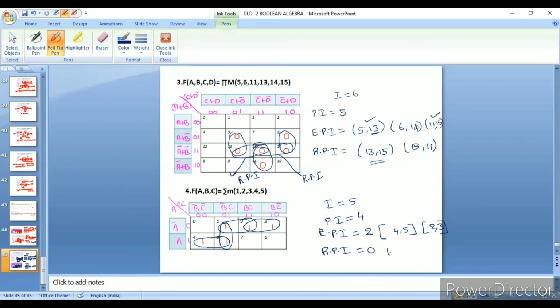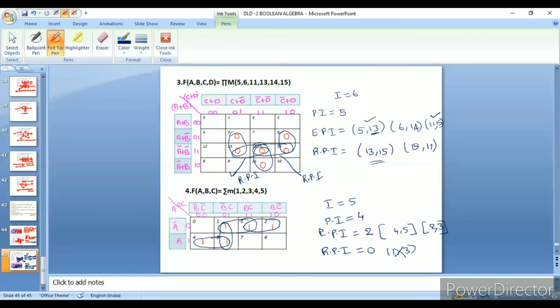For example, if you say 1 and 3 is redundant, 3 is okay, fine. But 1 is not covered here. That's the reason this is not a redundant prime implicant. You may think 1 and 3 is redundant, but no, it is not.